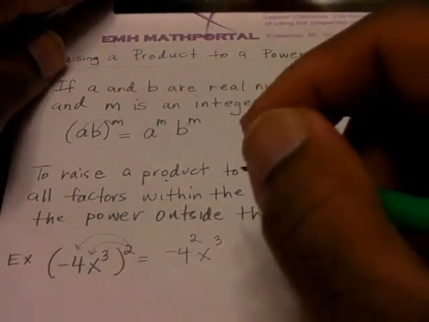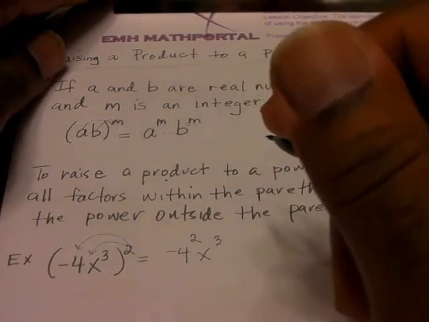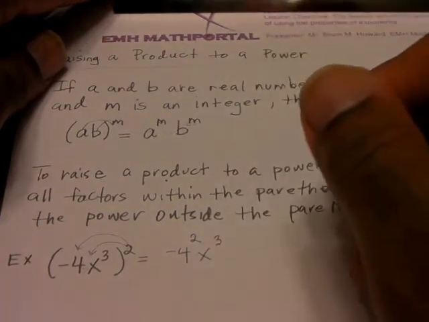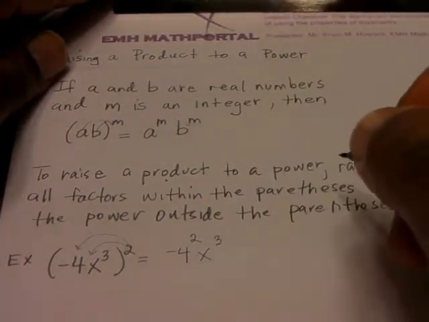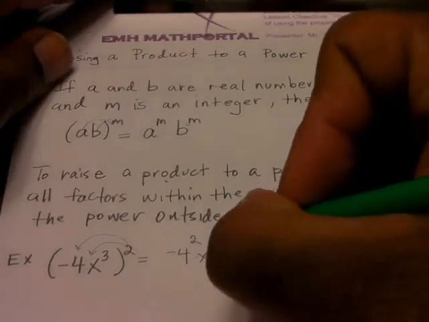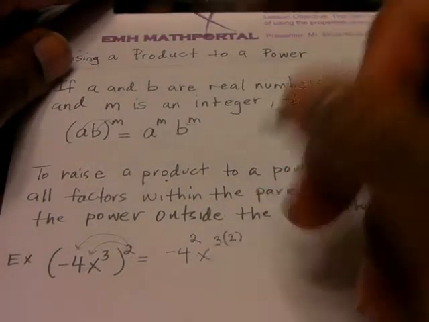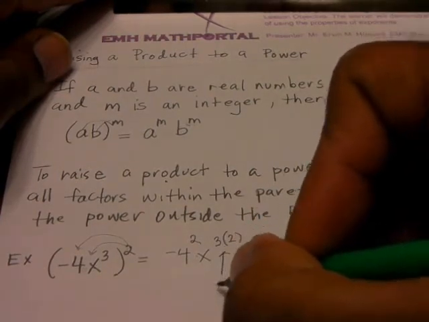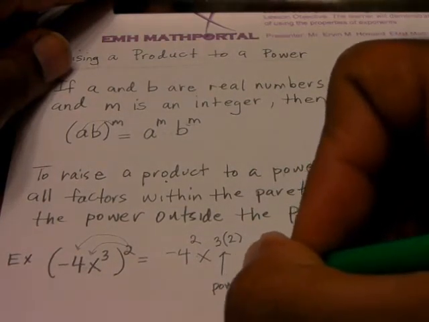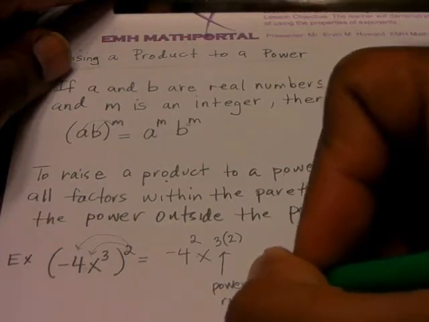And you remember about the power rule. When you raise the power of a power, it's the product of two exponents. So this right here illustrates the power rule. You remember the power rule.